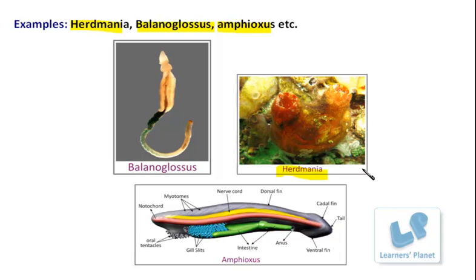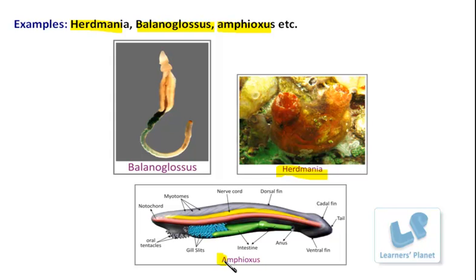So this is the important feature about these particular organisms. Besides this, the branchial sac and numerous well-developed gill slits are also present, by which they can easily respire. And in these organisms, reproduction can occur by the asexual method as well as by the sexual mode.